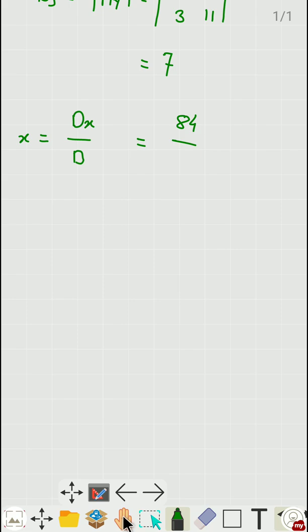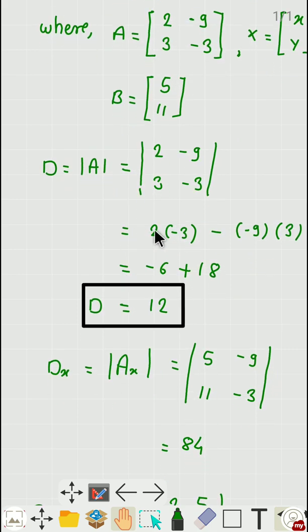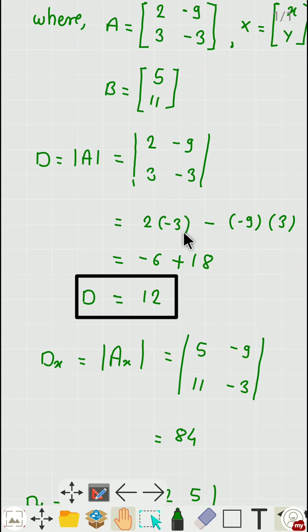So what is the value of d? Let us see the value of d. See here, 2, 3, minus 9, minus 3, it is 2 into minus 3 minus 9 into 3.